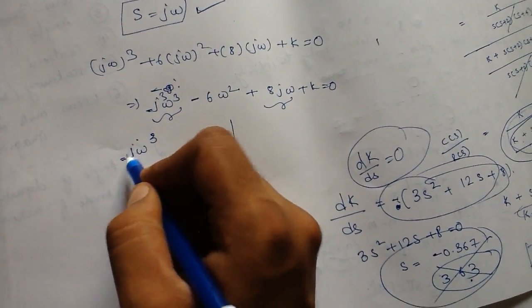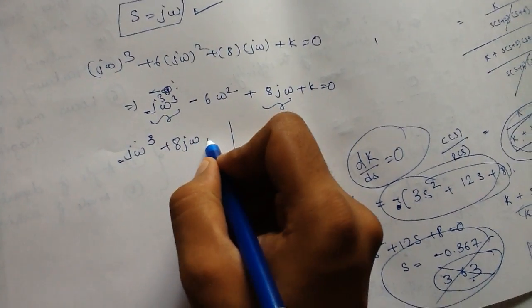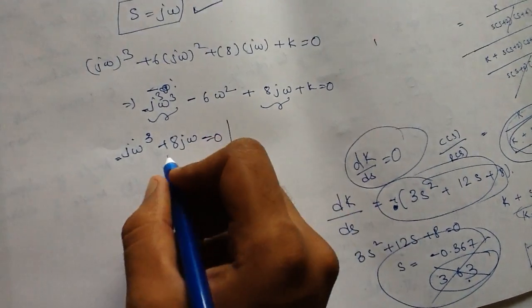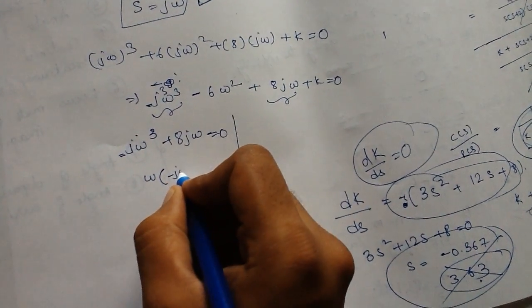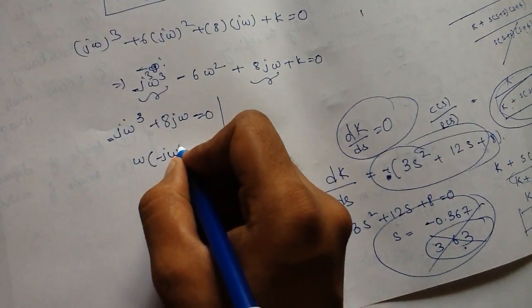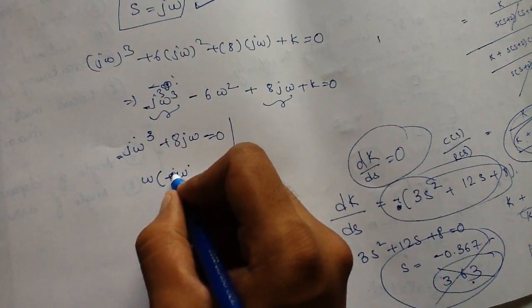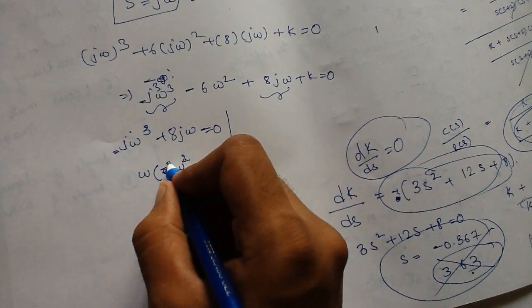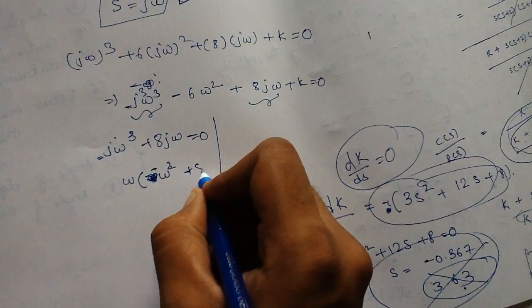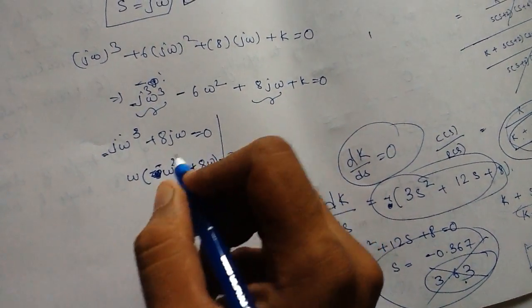So I'm going to write it as minus j omega cube plus 8j omega is equal to 0, which I can take omega common out of, right? So minus j omega, if I'm taking j common, this is not going to come. So minus omega square plus 8 omega is equal to 0.